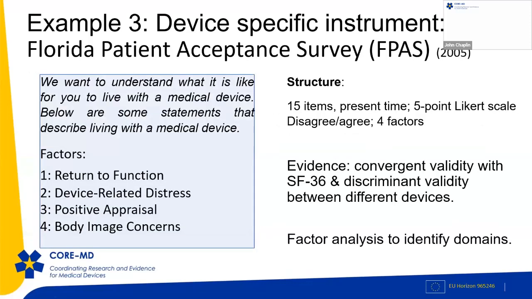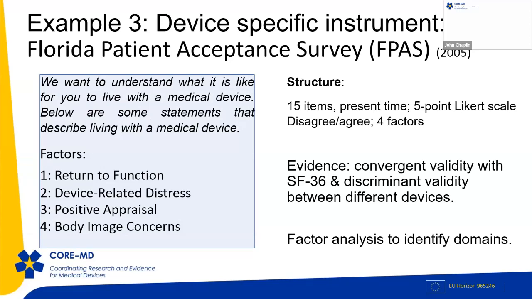The third and last example that I want to give is the Florida Patient Acceptance Survey. This is a more recent questionnaire, 2005. It has 15 items. There again are 4 factors, and the factor analysis was conducted as a more modern instrument that is constructed on the basis of psychometric properties.